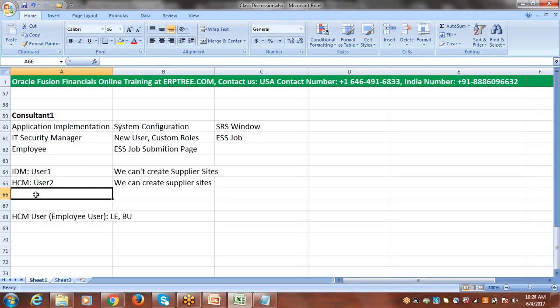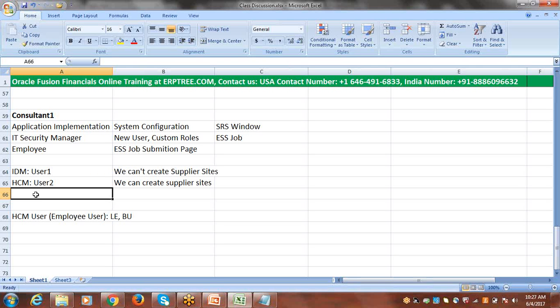Laxman, what kind of roles are assigned to HCM users? See, HCM user is normally what we call an employee user. Which roles we have to assign depends on which department the employee will be working for and what the responsibility and role within the company is. Say I created one employee called ABC employee, who is going to work for payables.